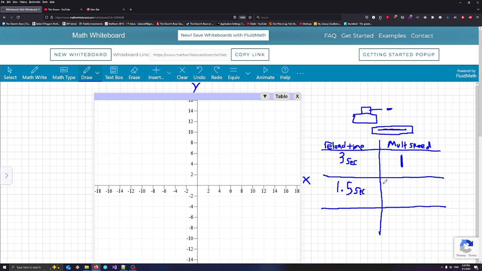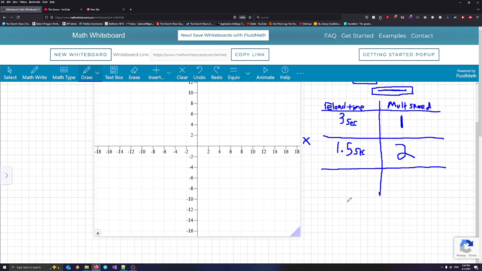Because the reload time, instead of taking 3 seconds, is now taking 1.5 seconds. That's twice as fast. So how much do we need to speed up our reload sound effect by? That would be 2. We need to make it twice as fast. So with this information, we actually already have enough to create what's called a linear equation.